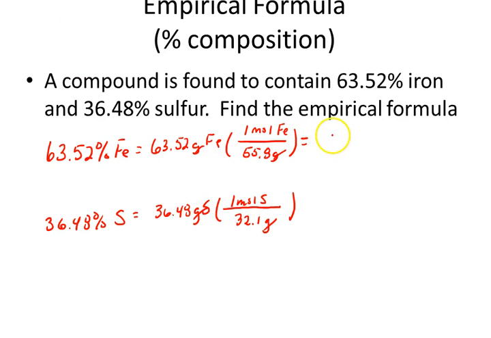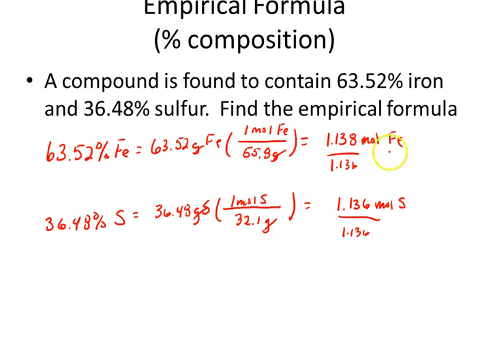In this case, we get 1.138 moles of iron, and here we get 1.136 moles of sulfur. Divide each by 1.136. One to one. So the formula is FeS. 1 iron to every 1 sulfur.